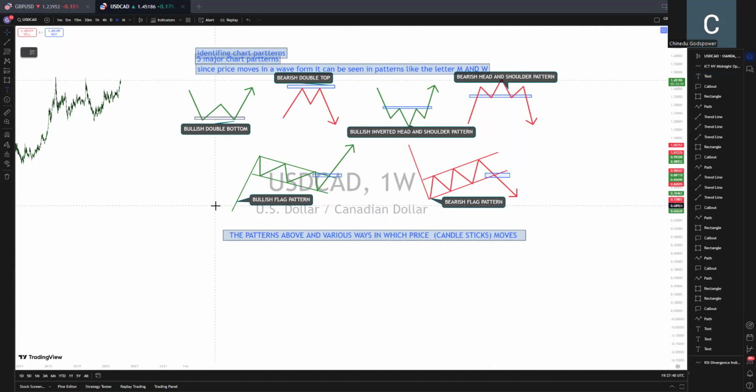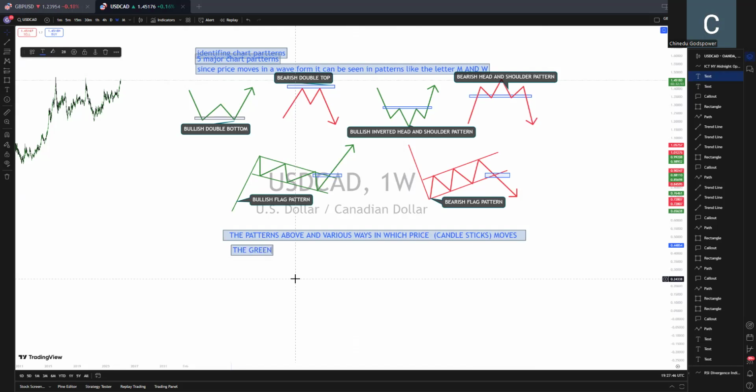Then I will type again. The green represents bullishness.